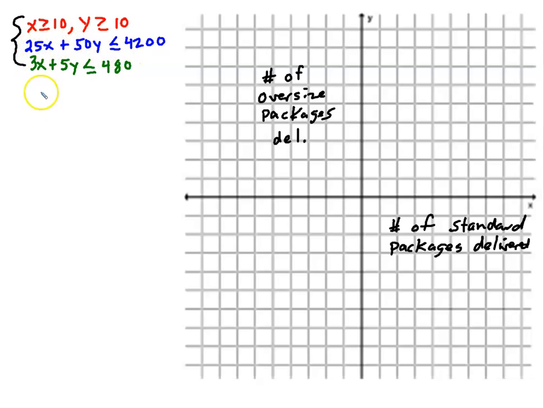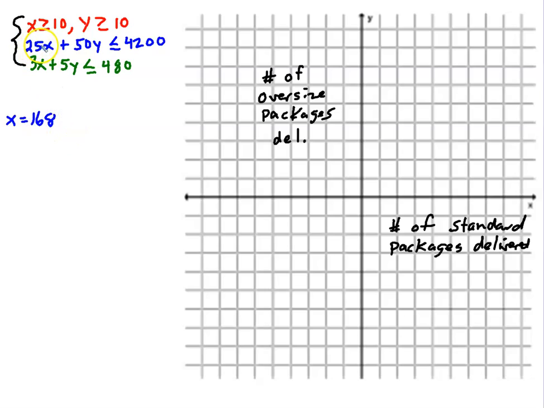If I do the blue, remember to get the x-intercept, you just divide 25 into 4,200. So let me just come over here, and if you divide 4,200 by 25, that's going to be 168. All right, so that's the x-intercept for the blue. So let's just jot some stuff down here.